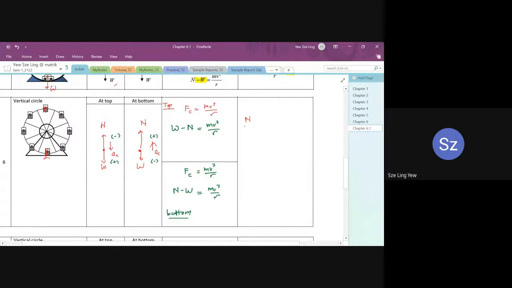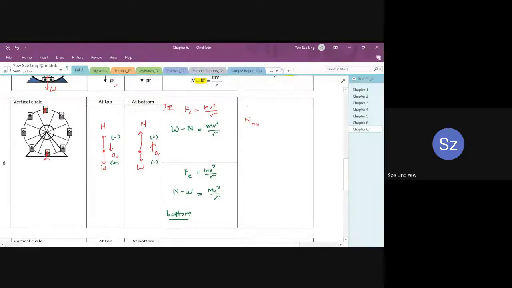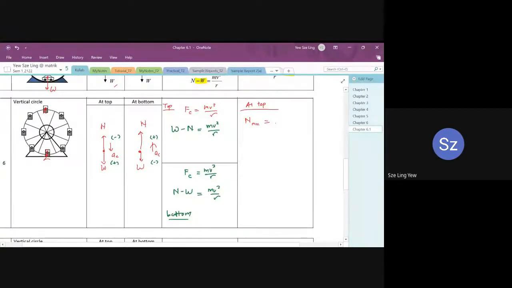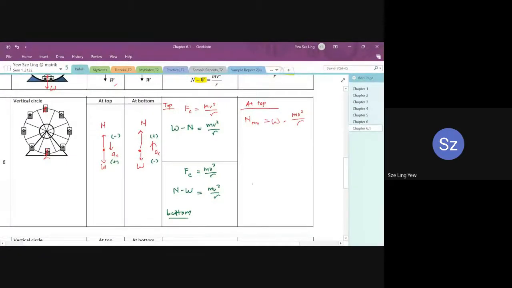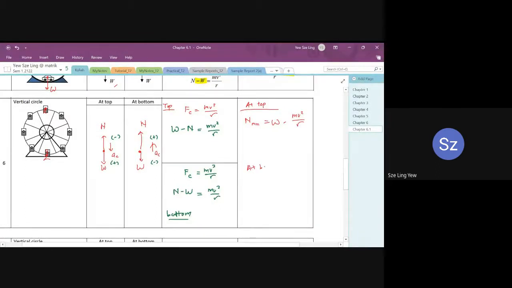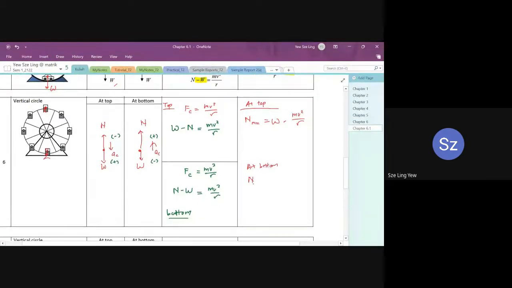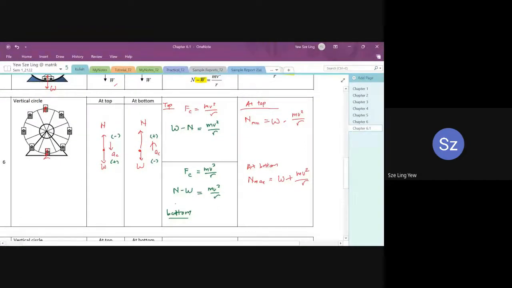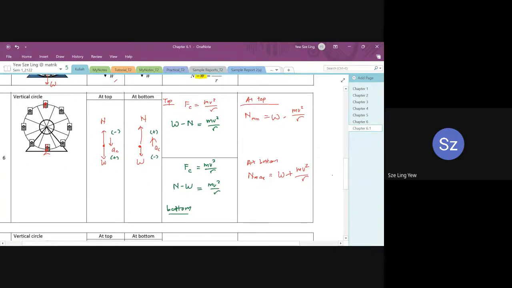According to these equations, N is minimum at the top, because N equals W minus mv squared over R. At the bottom, N is a maximum, because it equals W plus mv squared over R. Remember, N is the reading on the weighing scale. W is fixed. As long as you're standing on the earth, you have a fixed value of W. Weight won't change. The only thing that changes is N.